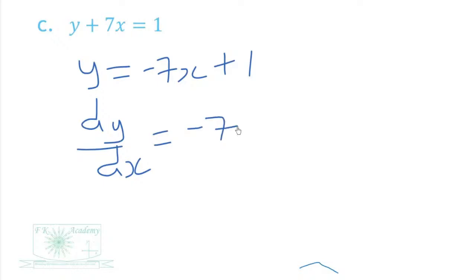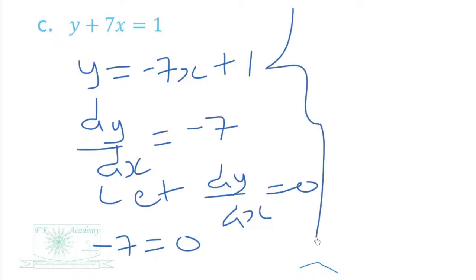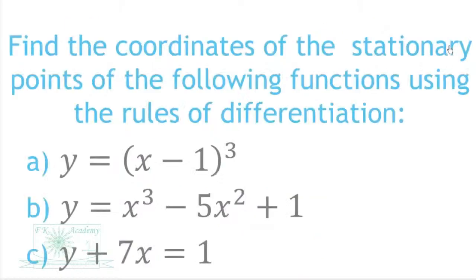So when we let dy/dx be equal to 0, we obtain negative 7 equals 0, which is not possible. Therefore, the function has no stationary point. That's no stationary point. So we've answered the question.